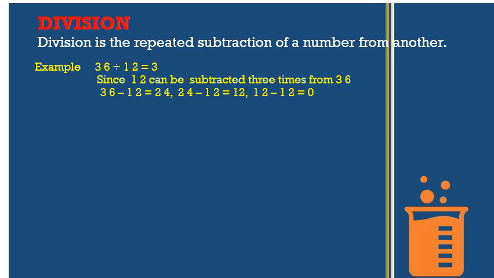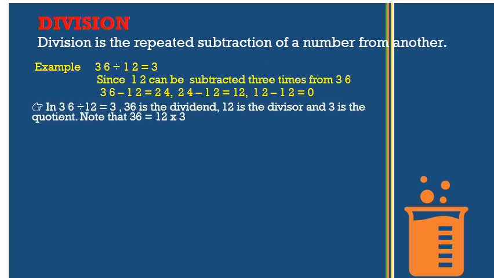Now children, in 36 divided by 12 is equal to 3, 36 is the dividend and 12 is the divisor. So we are dividing 36 by 12. That is, we are dividing dividend by divisor.